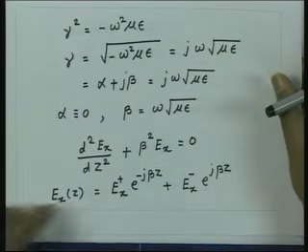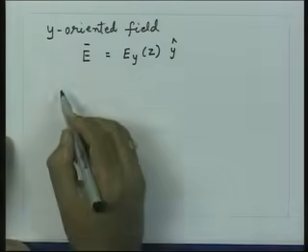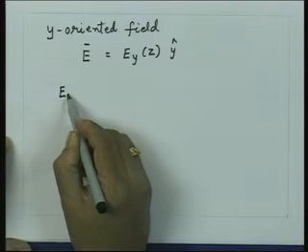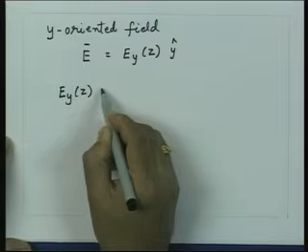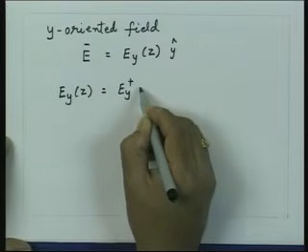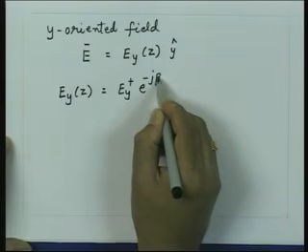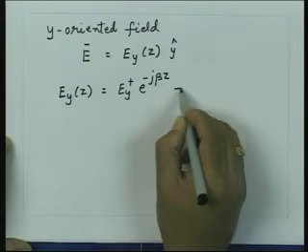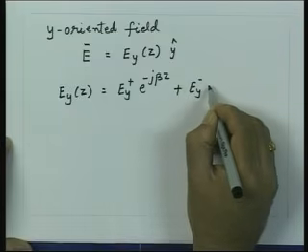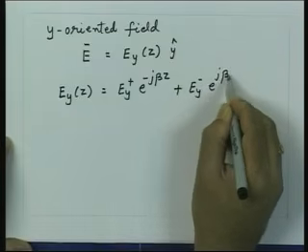So, for this also I will get a solution: Ey as a function of z will be Ey plus e to the power minus j beta z plus Ey minus e to the power j beta z.